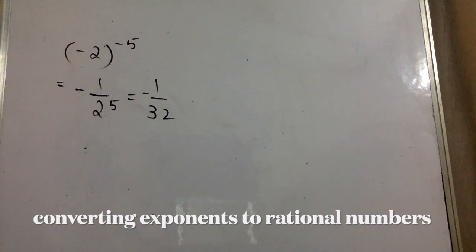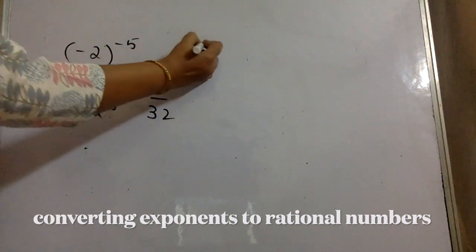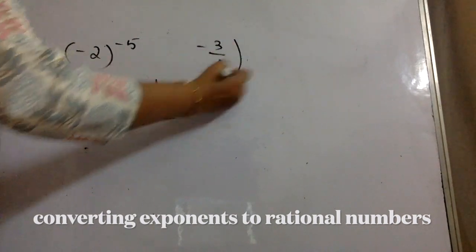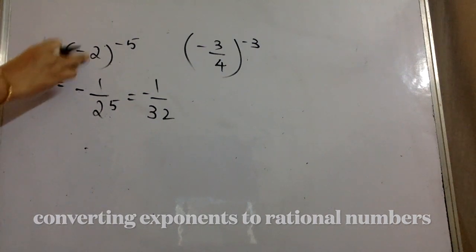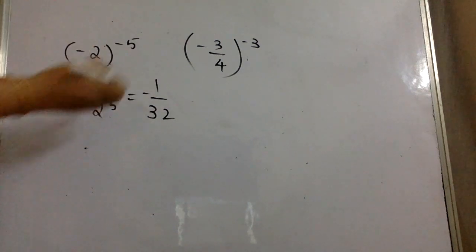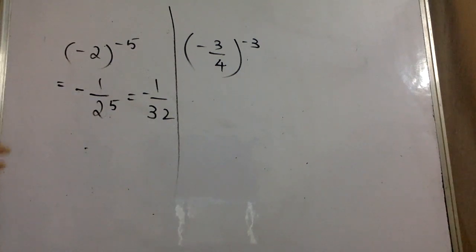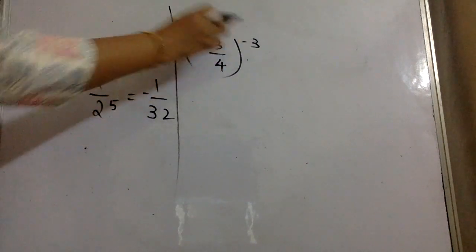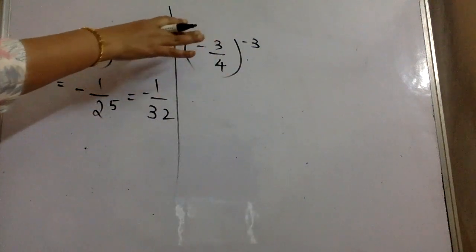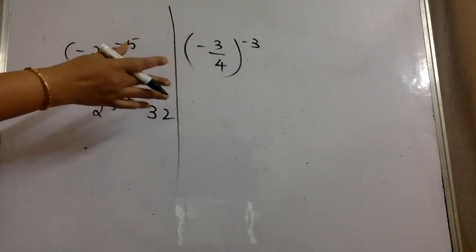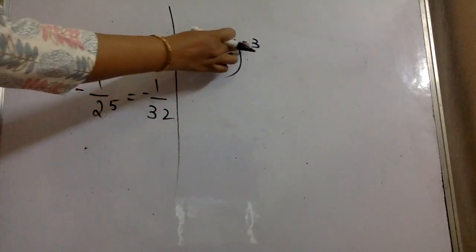Okay, then let me take up another number. Here we'll see a fraction. Minus 3 by 4 to the power minus 3. Now the moment it changes from a regular number to a fractional number, again some kind of confusion starts. We don't need to get confused. Now again, if we take the reciprocal of this, we can remove the negative sign, and this is already odd.